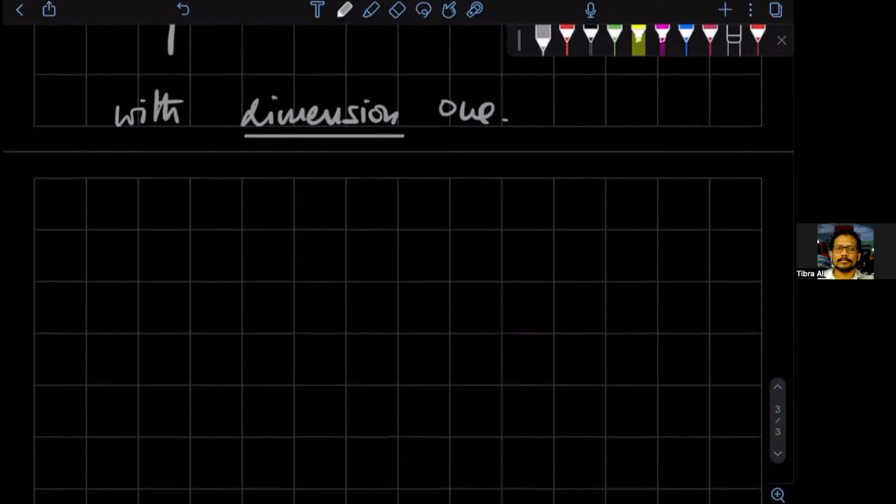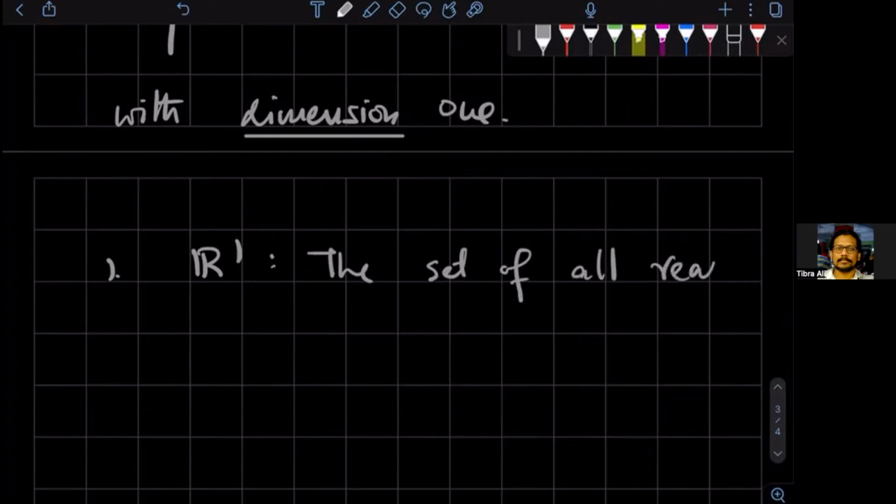So the number 1 is R1. Okay? What is R1? It's the set of all real numbers under addition.